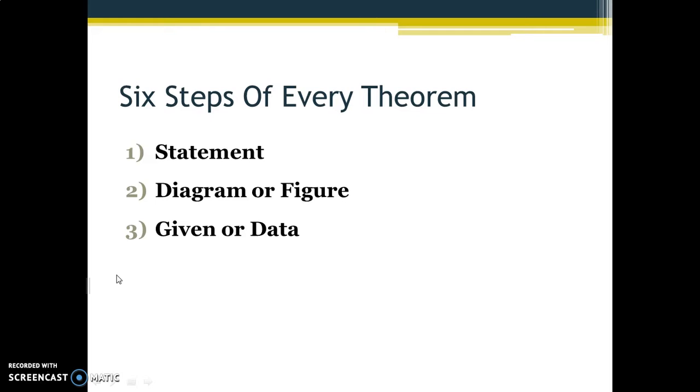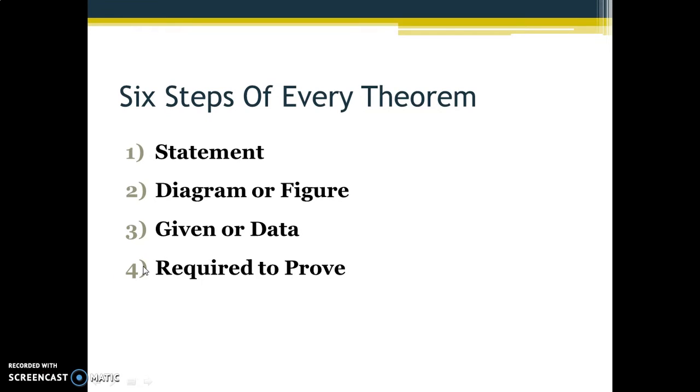Then the next important part of the theorem is required to prove. You will write these words which are there on your screen. Required to prove is the part of the conclusion which you have to prove about the theorem. Okay, it is written according to the figure which will be drawn.